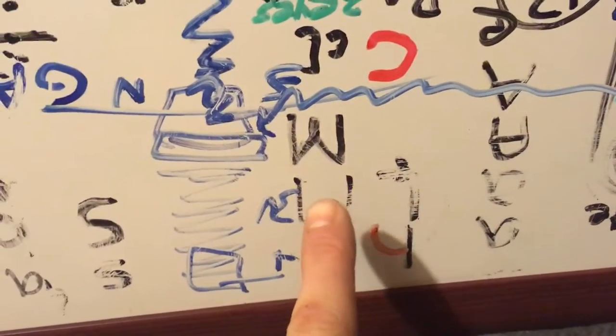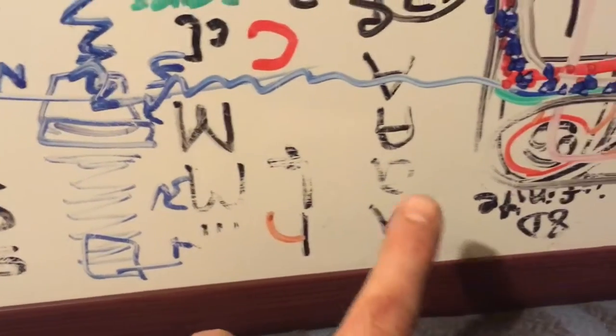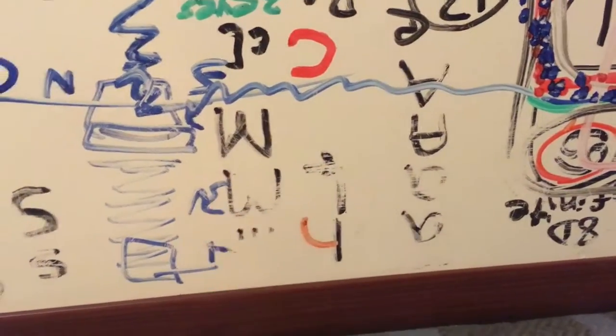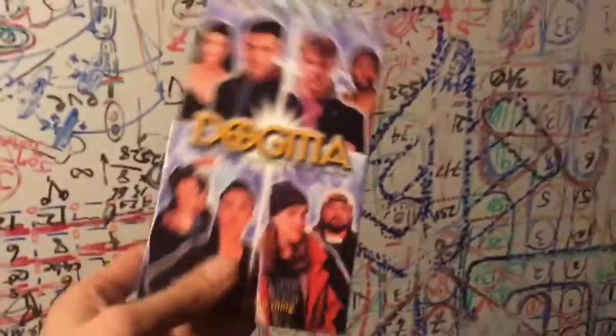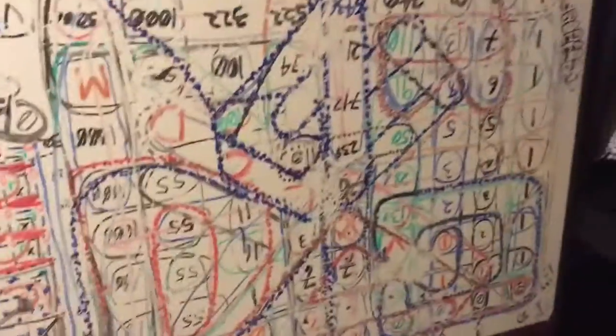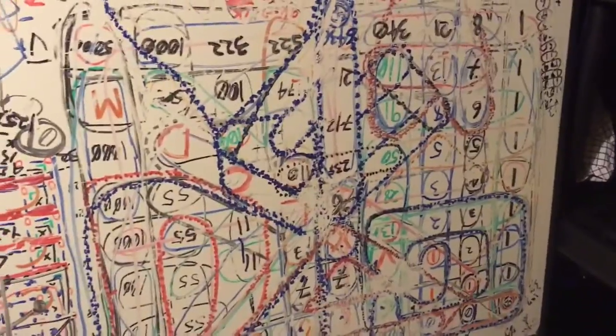Alms for the poor. Low-key. Dogma. I'm a sure guy. So, I think that's pretty significant in terms of coincidental proof.